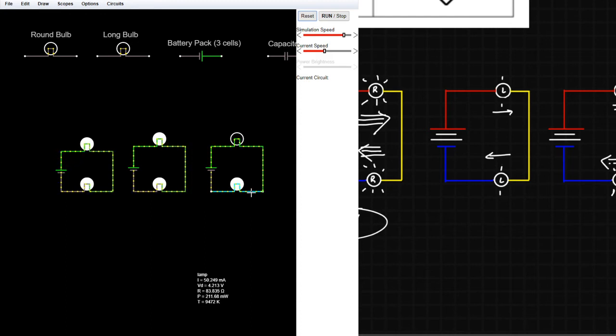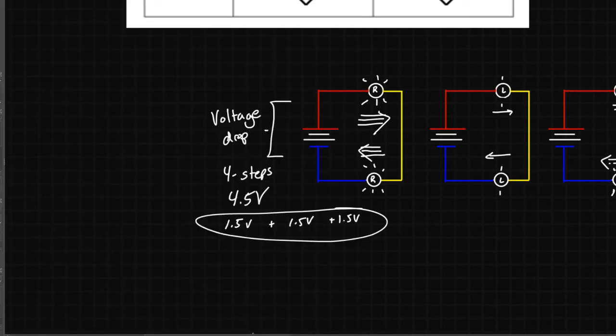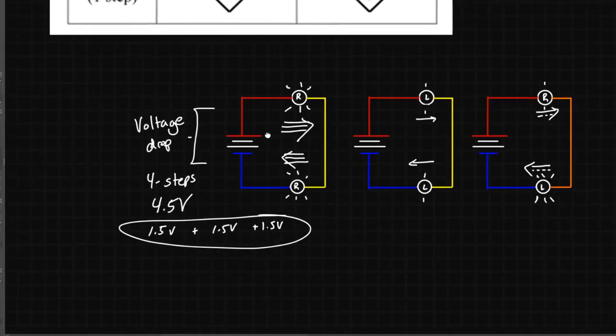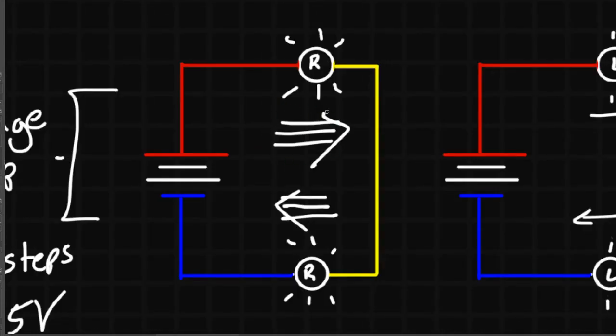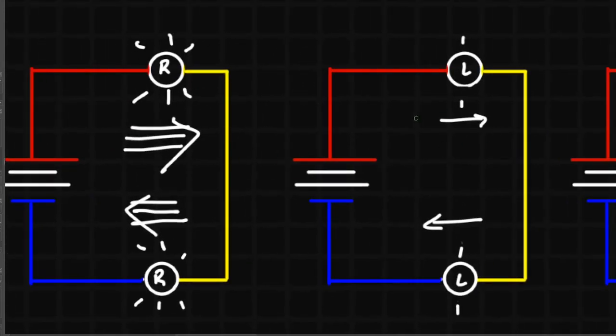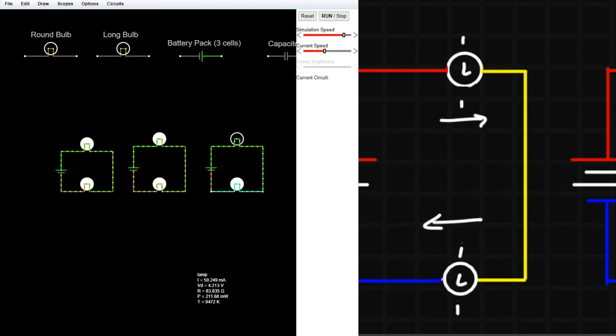So now let's look at the arrow tails. So back here in our drawings, we would have drawn this as 3 arrow tails and 1 arrow tail. And this represents the amount of current flowing. How much actual charge is flowing through this? So let's go back and look at our Falstad here.